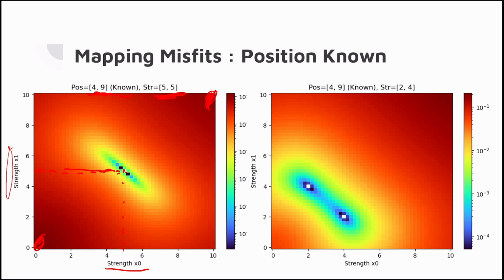We also see that on either side, so for a small move, we actually have 2 very good matches as well. And this is along the axes of average equal to 5.